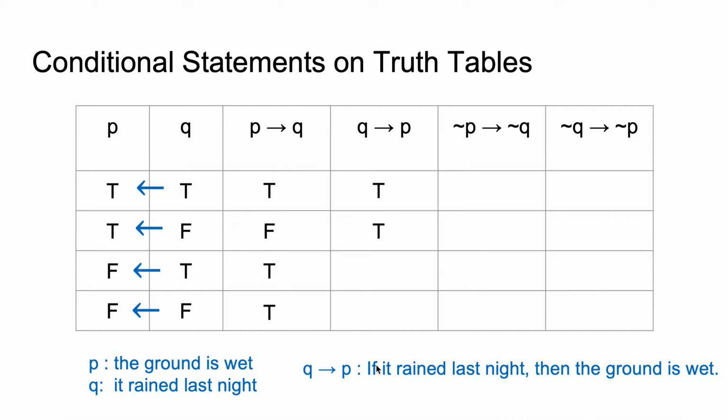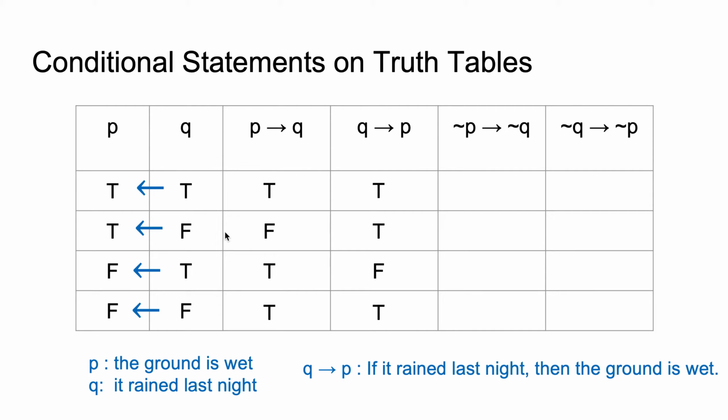But the other way around, if it did rain last night but the ground's not wet, then this statement will be false. And if they're both false, well then that means that there's not enough evidence to say that it's not true.